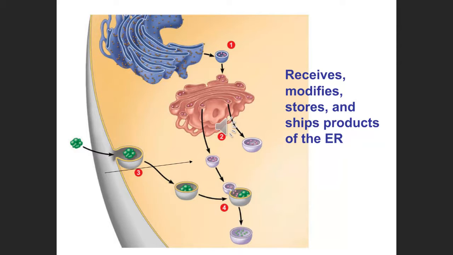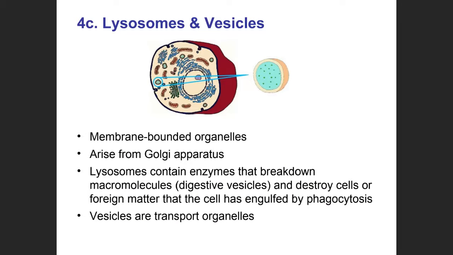It receives and ships products, but it also modifies. For example, if some proteins come in and some carbohydrates are in, they can make glycoproteins, and the proteins become more mature before they get shipped anywhere in the cell that is part of the endomembrane system. It's not going to ship, for example, to the mitochondria, because the mitochondria is not part of the endomembrane system. Lysosomes and vesicles are part of the endomembrane system.